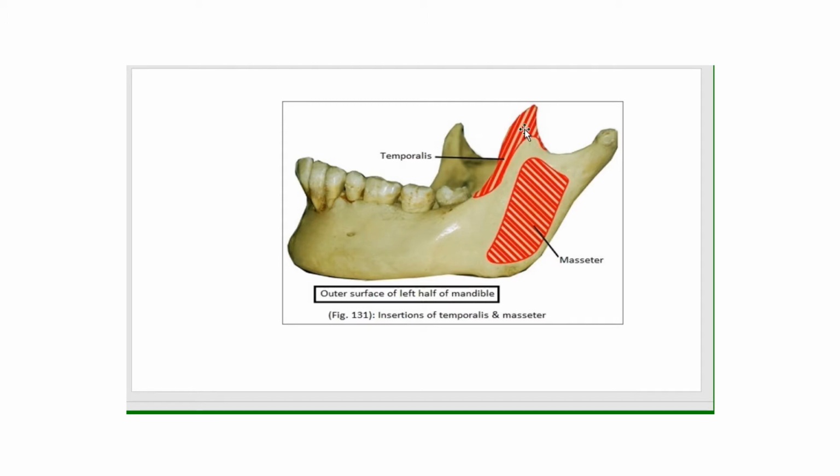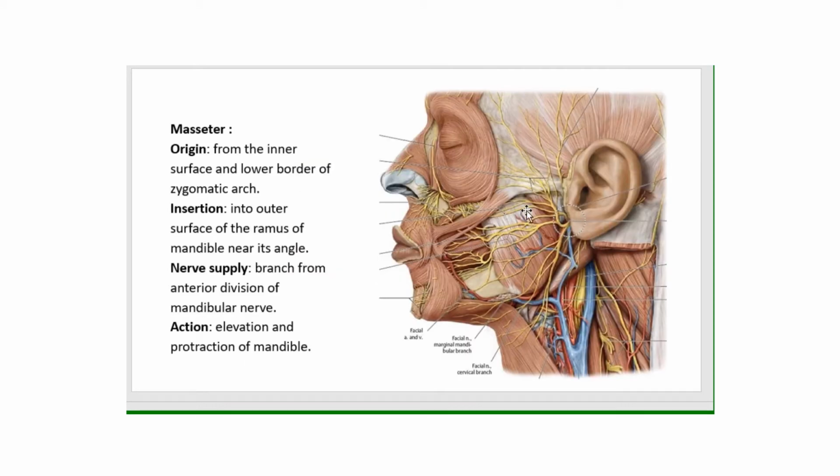This is the insertion of the temporalis muscle. It is inserted into the tip of the coronoid process of the mandible, its anterior border, and its posterior border and medial surface. Here is the masseter muscle. It takes origin from the lower border and inner surface of the zygomatic arch.